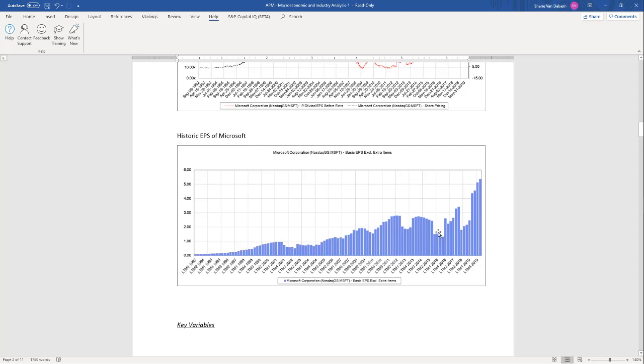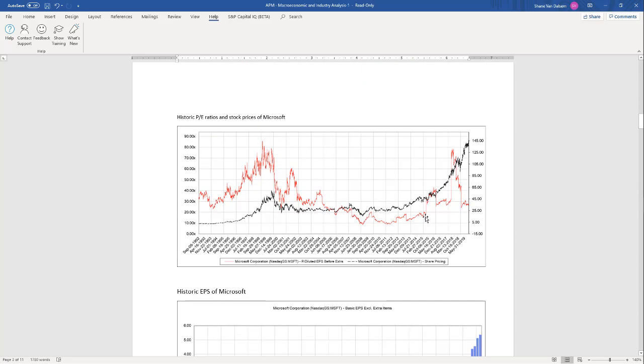There's a dip in earnings per share in 2015 and 2016, and then in 2018 and 2019. But overall, the market just saw these as transitory. They didn't expect this dip in earnings per share to last a long time, and so we see that's where the stock price, this black line, kept trending upwards during that time, although the price to earnings ratio increased dramatically.